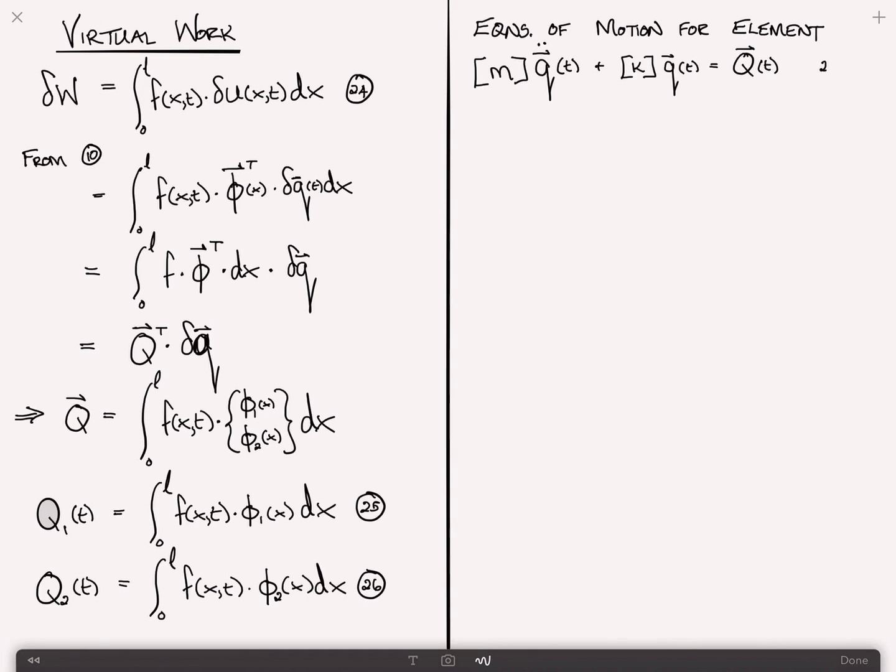Call that 27. Okay. The mass matrix is given on the previous page. The stiffness matrix is given on the previous page. Q is given by equations 25 and 26.